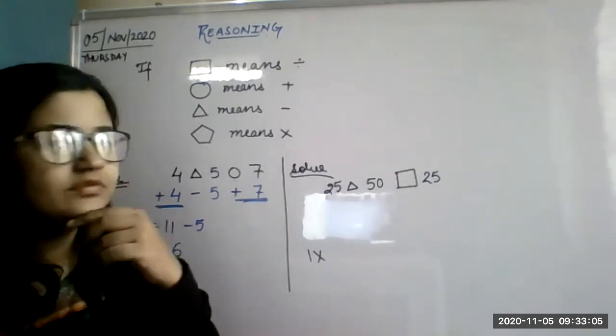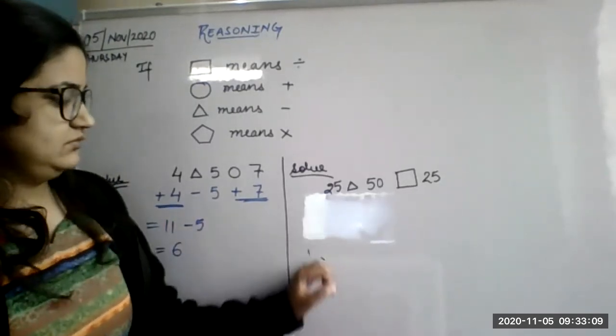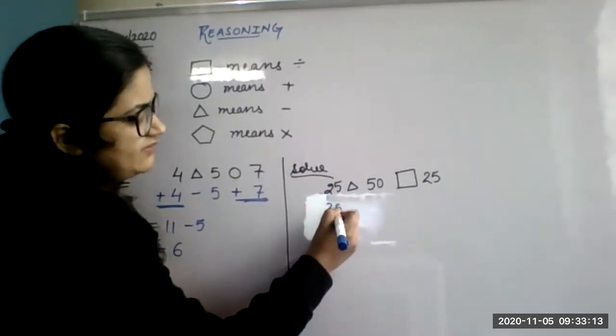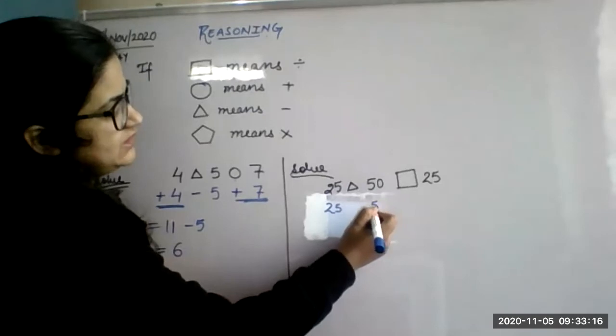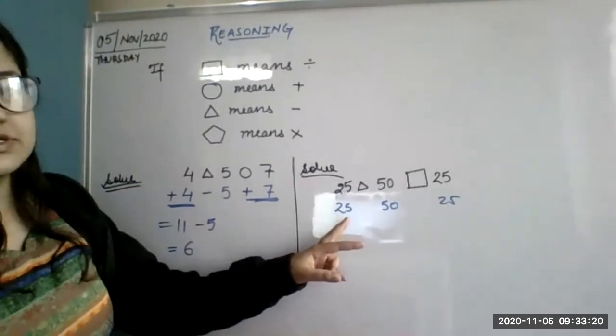Good, very good. Okay, good. Now those who are saying 25, 50 and 25. I have written like this, ma'am, first of all. 23. Yes, it is correct.